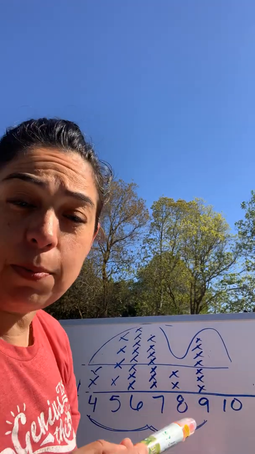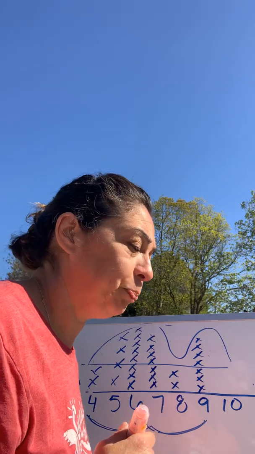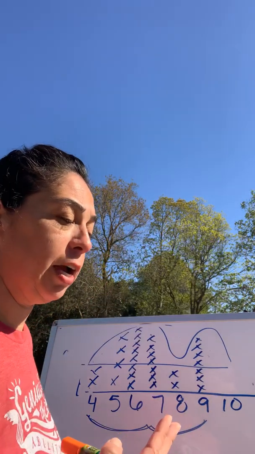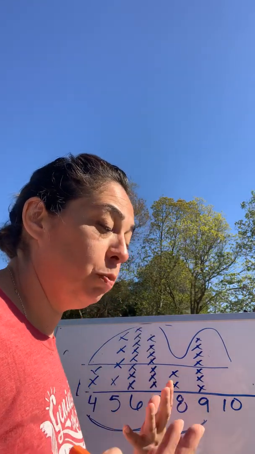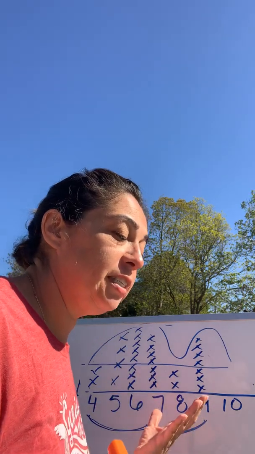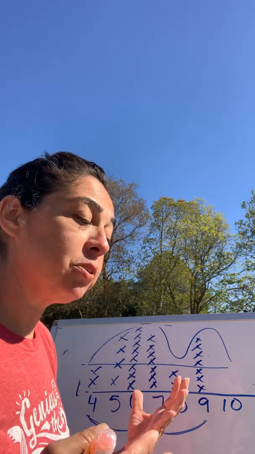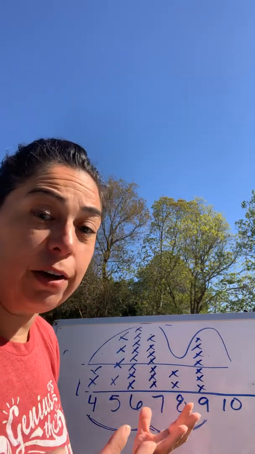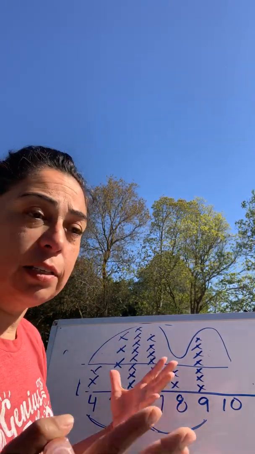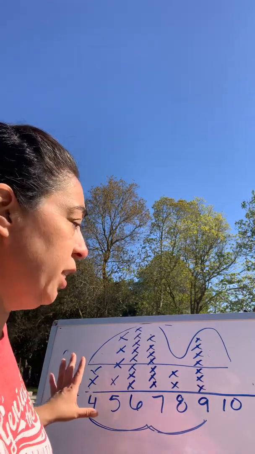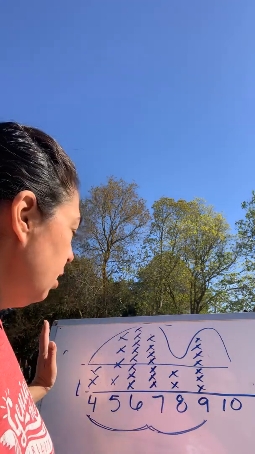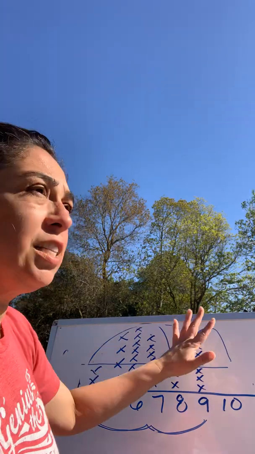So let's talk about these 2 new words that we have. How would you describe the shape of the distribution? Are there any places where the data values cluster or group together? Are there any gaps or places where there's no data value? So I gave you a sentence frame. For the Chinese names, the data is clustered.